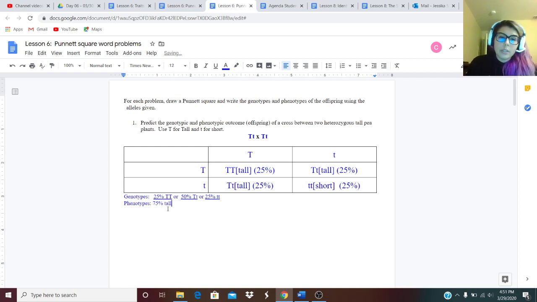So 75% of the offspring are going to be tall, and 25% of the offspring are going to be short. And I'm going to change this to "and" as well.